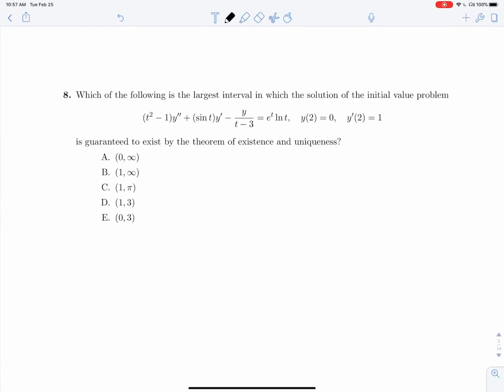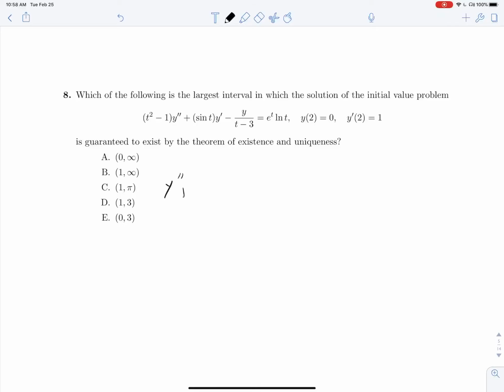Question 8, which of the following is the largest interval in which the solution to the initial value problem given below is guaranteed to exist by the theorem of existence and uniqueness. So first thing you want to do whenever doing these problems is divide things out so that your highest term here, which in our case is y double prime, is sitting by itself.